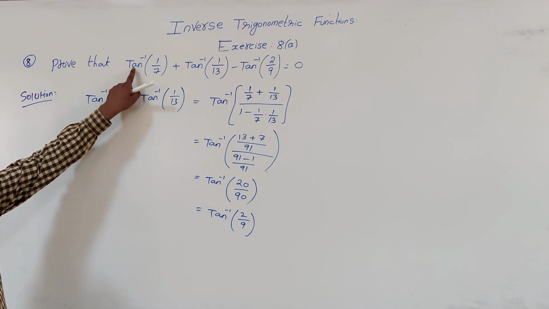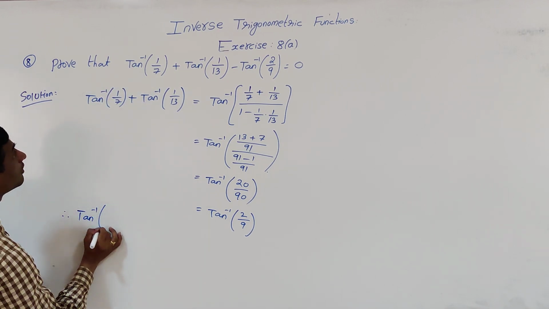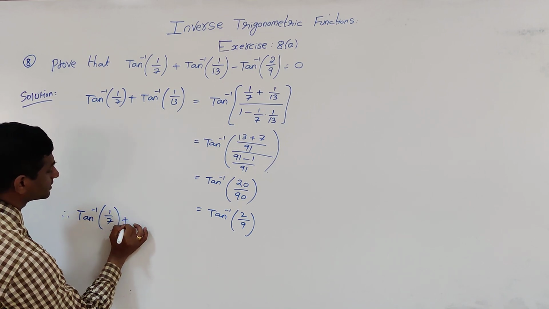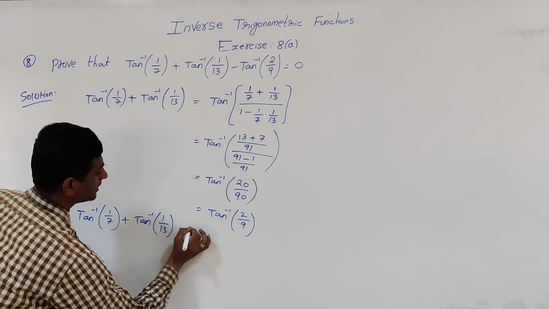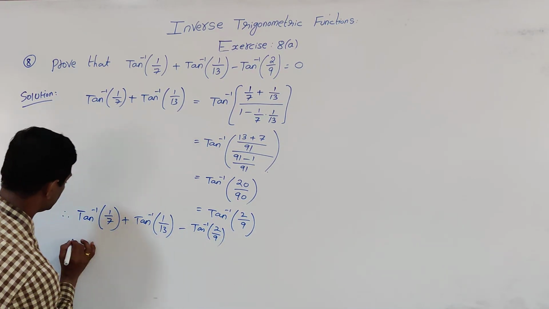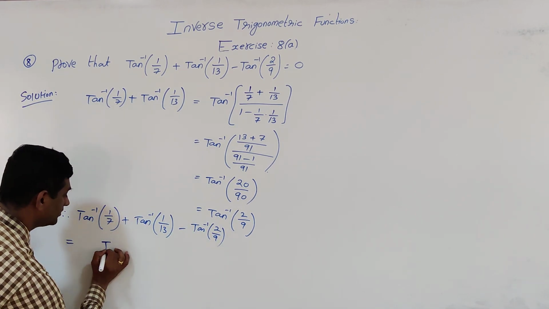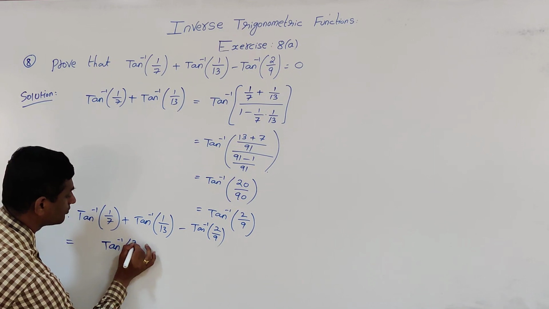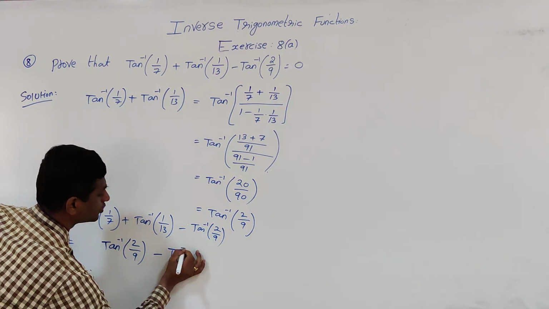Now this reduces to what? Therefore tan inverse of 1/7 plus tan inverse of 1/13 minus tan inverse of 2/9: the sum of the first two is tan inverse of 2/9, so it is tan inverse of 2/9 minus tan inverse of 2/9.